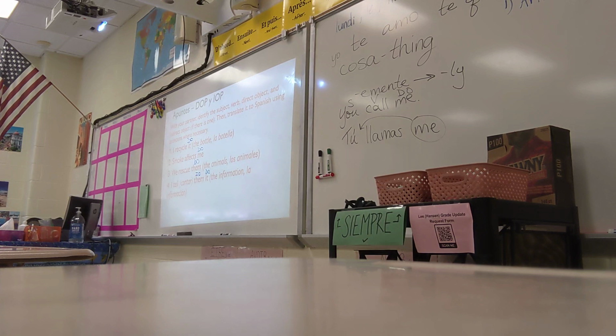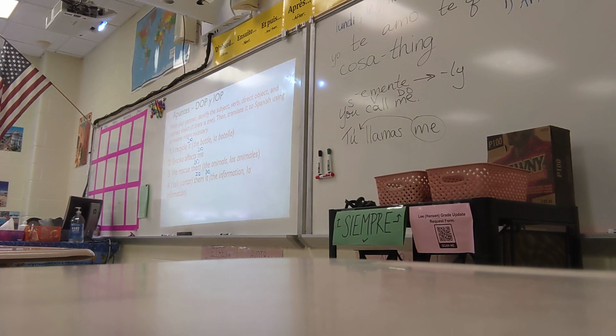Chicos, let's work through one of these together. Let's look at number 3. What's our verb for to rescue? Rescatar. So how do we conjugate that for we? Rescatamos. Good. So we have nosotros rescatamos.